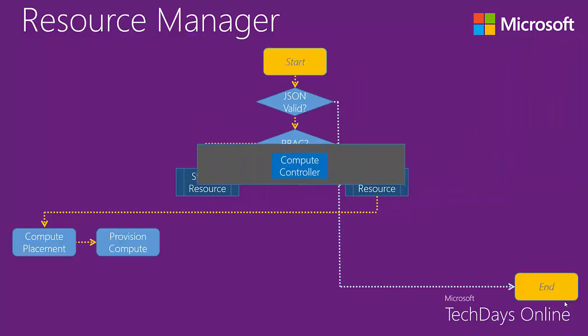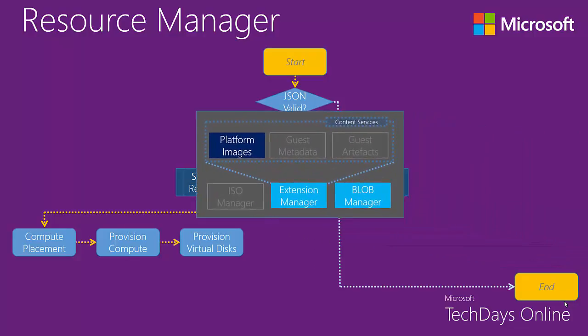Once we have figured out where we're going to do the placement, we'll provision. And the compute controller will reach out and actually communicate with that host that has been identified as the appropriate location for deploying our virtual machine, which in turn will move forward and communicate with the actual storage that was created a little bit earlier, referencing the images that we are storing in what we call the platform image repository.